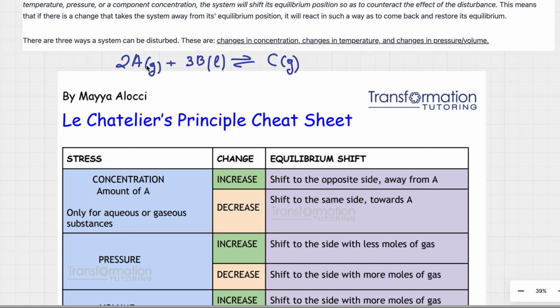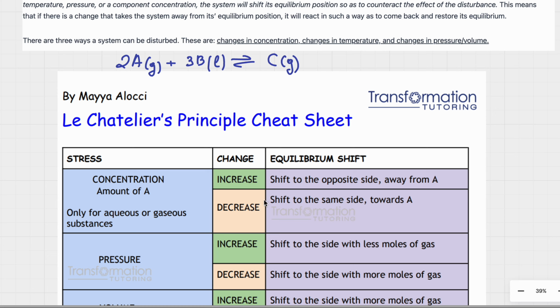For example, if the concentration of A increases, or if I add more A, that means I have too much of it. So the equilibrium will shift to the opposite side. A is on the left, equilibrium will shift to the right, to the product side, so that A could get smaller and equilibrium could be reestablished.